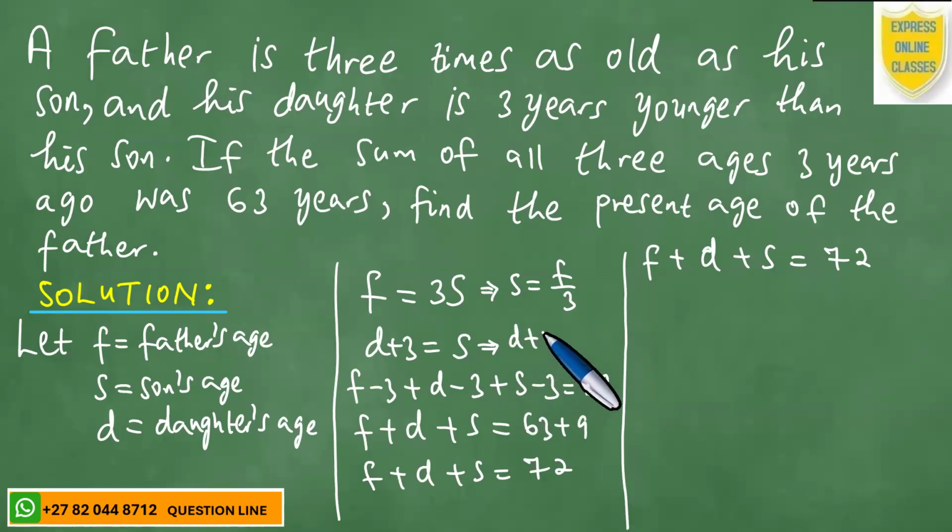You come here, you put F over 3 in the place of S. So it means that D plus 3 is F over 3.